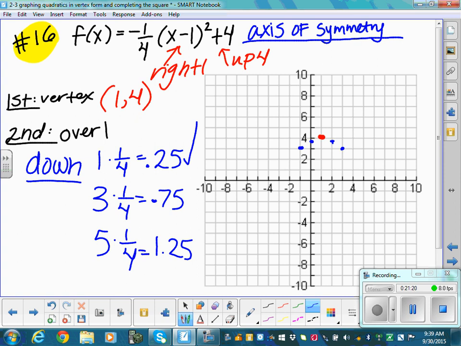All right, and then we'll go over 1, down 1.25. So I'm going over 1, down 1.25, over 1, down 1.25, and now I can draw it.